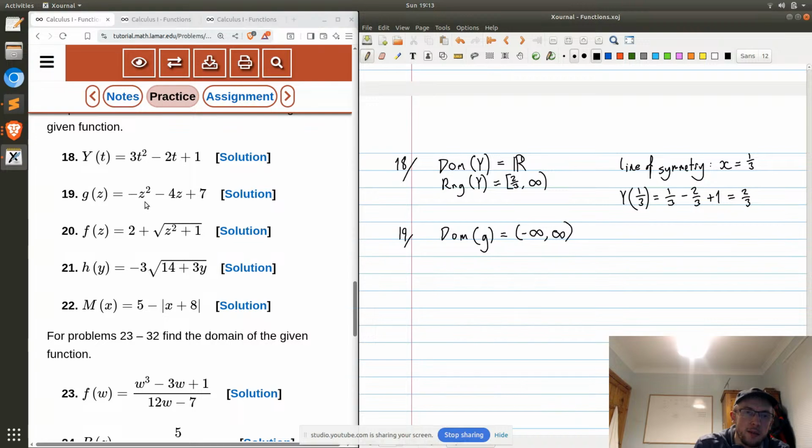And this is a parabola that's opening downwards. So it's an upside down U shape. And we perform the same procedure as before. First, determine the line of symmetry using negative b over 2a. So that would be 4 over negative 2, which is negative 2.